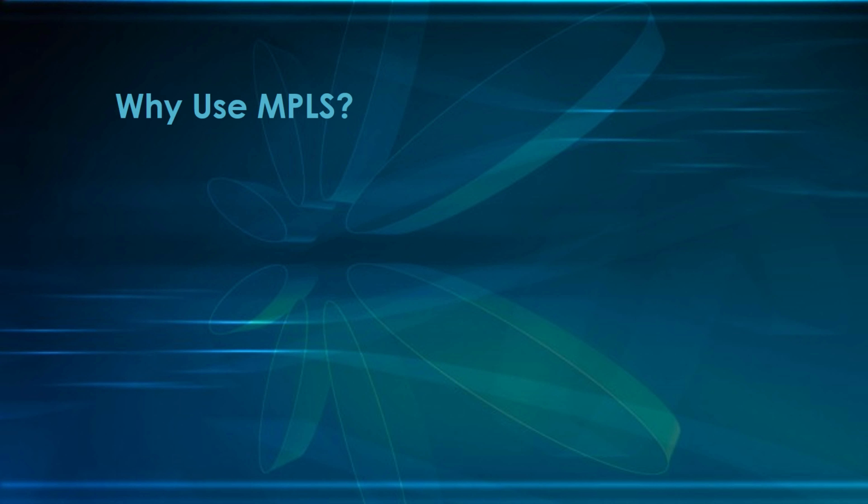Now, why would you use MPLS? Well, this is basically transparent tunneling over the service provider network. If I'm a service provider, typically in a BGP deployment, every router that's going to be running BGP is going to have full visibility of the entire network.